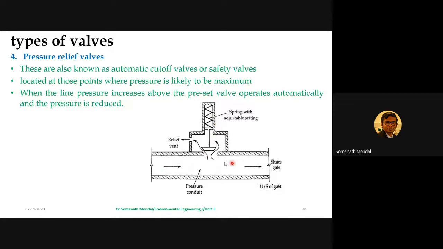Once there is a flow, the pressure will be developed, and once this pressure becomes more than the preset maximum pressure, the spring will squeeze because of the extra pressure, and this particular attachment will go up, thereby creating space through these two ends. In 360 degrees there will be a space through which this extra water will flow, and then it will flow through the relief vent, thereby reducing the pressure within the permissible limit.